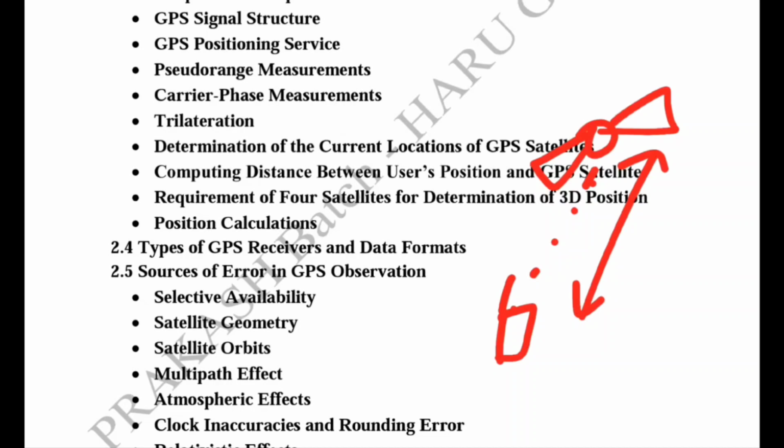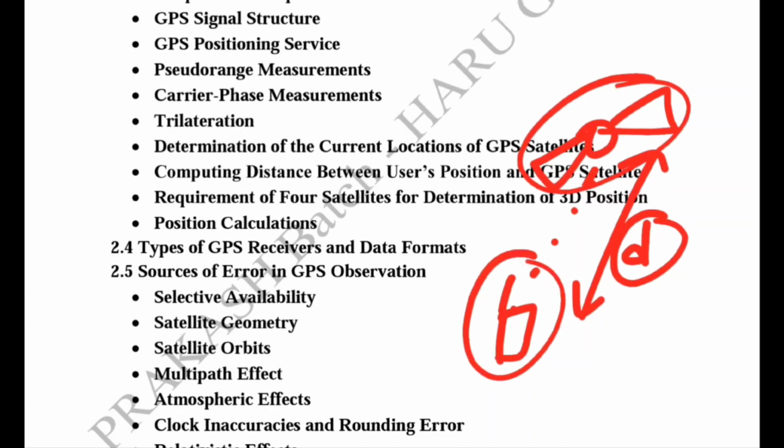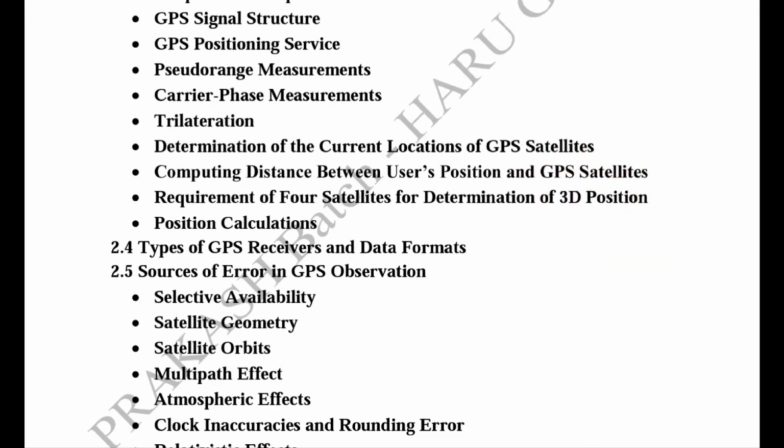So we know the concept of calculating the distance and why this distance is important for our position calculation. We will study this in this unit. The distance is calculated between the antennas of the satellite and the receiver, but we can assume that this is the distance between the unknown point and the satellite. All these concepts we will follow in this Unit 2.